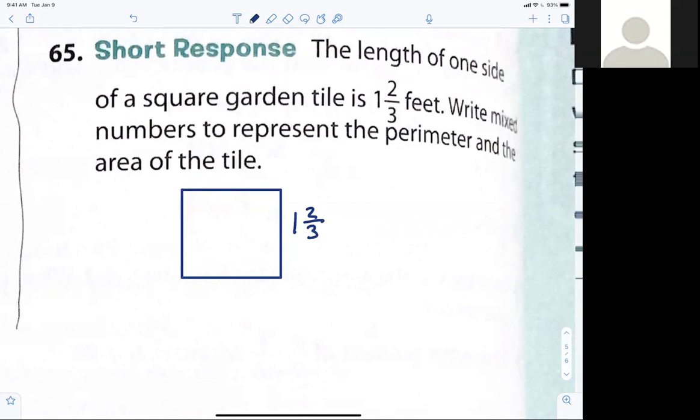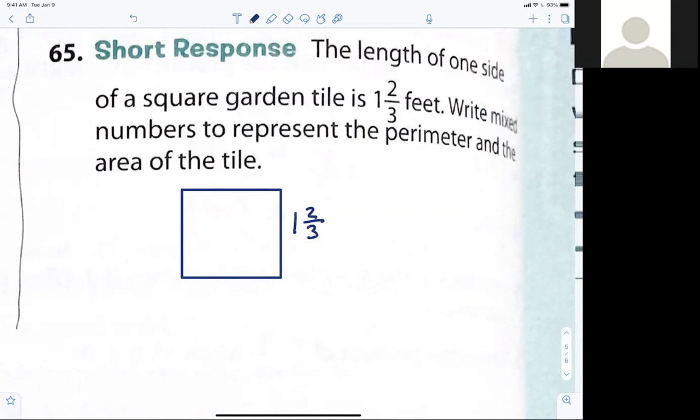So what is the length of all the sides, Max? 1 2/3. So how do I figure out what would be the perimeter? We have to do 1 2/3 four times. So what operation could I do?